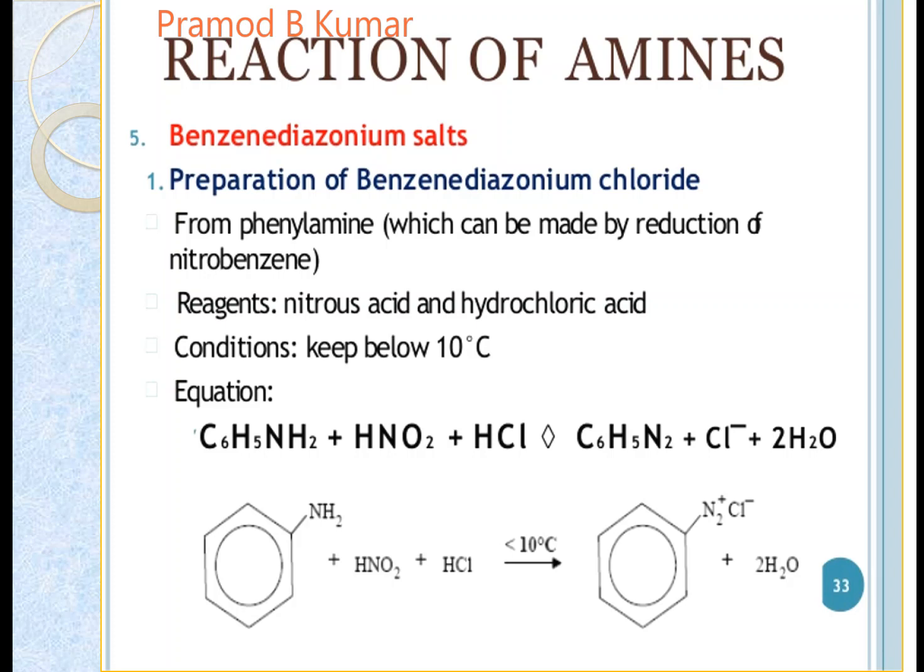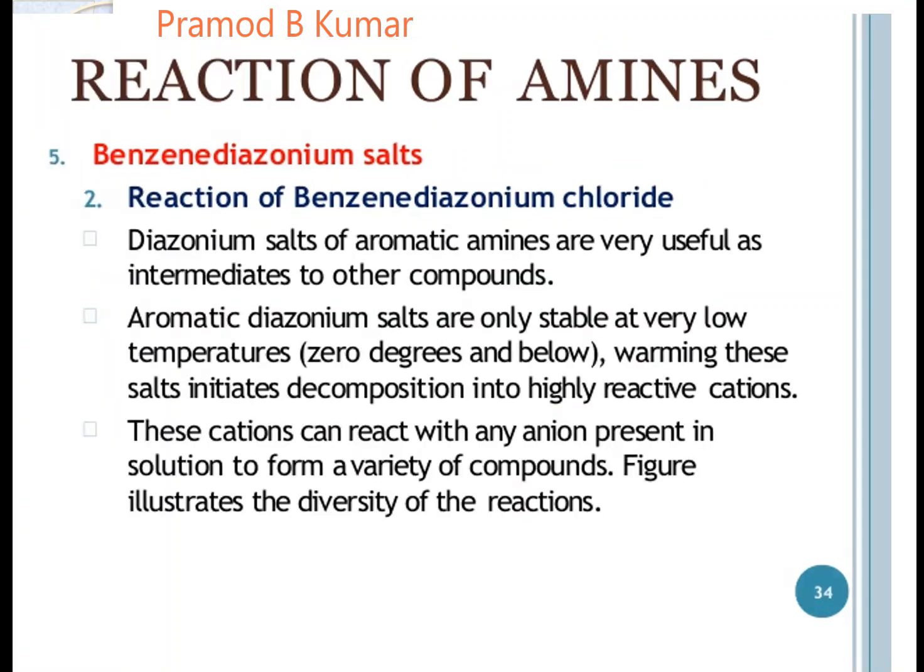This takes place only at low temperature, below 10 degrees Celsius. These diazonium salts are intermediates for many reactions, very useful in the preparation of many compounds, and they should not be kept at a high temperature because they decompose, liberate nitrogen, and it is a highly explosive reaction.